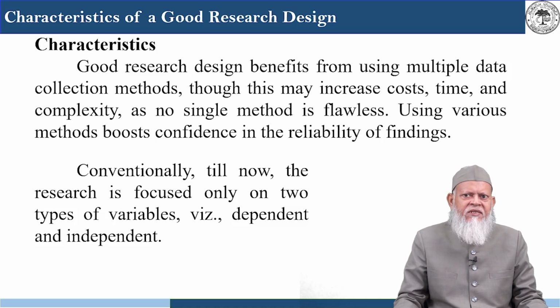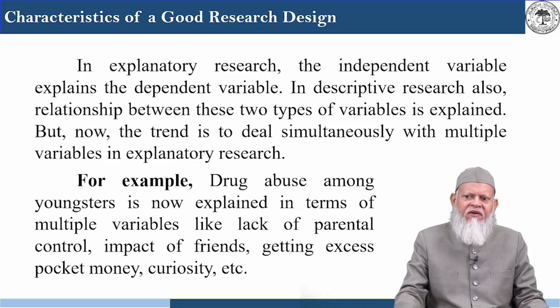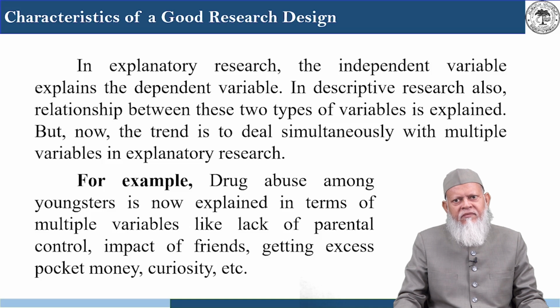Earlier in the conventional studies, the research was focused only on two types of variables, that is dependent and independent. Only two variables, like in the many examples that I have given in the previous lectures, that poverty breeds crime, or domestic policy determines the foreign policy.